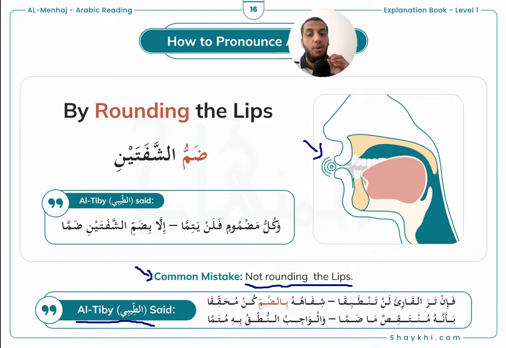He said when you find someone saying any letter that has dhamma without circling or rounding the lips, like bu, tu, thu, make sure that this dhamm is not complete and they have to round their lips. So this is how to pronounce al-dhamm, and this is a common mistake when we pronounce al-dhamm.